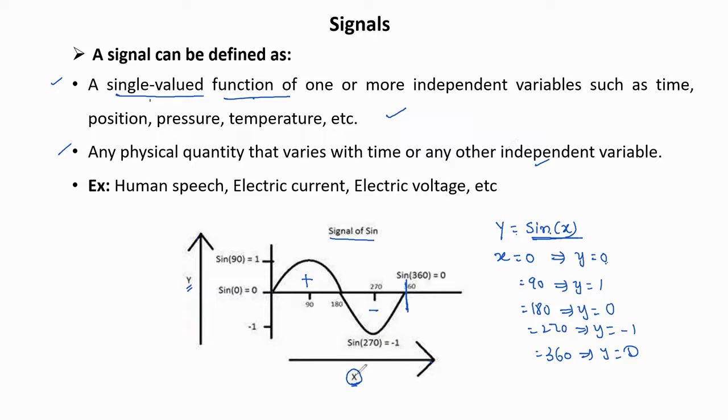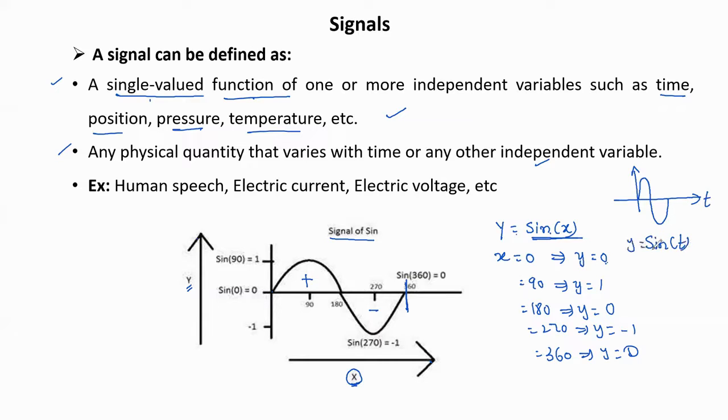Now here, instead of x we can apply time, position, pressure, temperature, and so on, depending on the type of the signal. Suppose, let us take one example. If the time t is the independent variable, and we take the sinusoidal signal again, then we write y equal to sine of t.